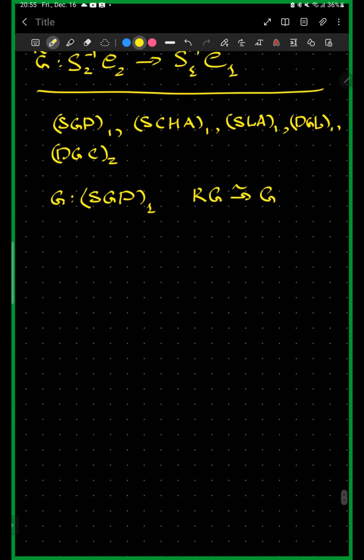How do we construct one? Well, if we have a simplicial group, then we can take its delooping or classifying space, which produces a simplicial set.